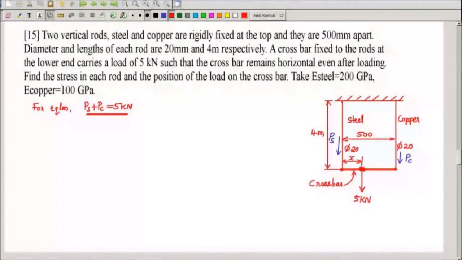What is the kinematic condition I have to use now? See, in order to have the crossbar horizontal, steel and copper rods have to deform to the same extent. Then only crossbar will be horizontal. I will just explain this. This is the original length of steel member. Copper member is having the same length. Top end is fixed.